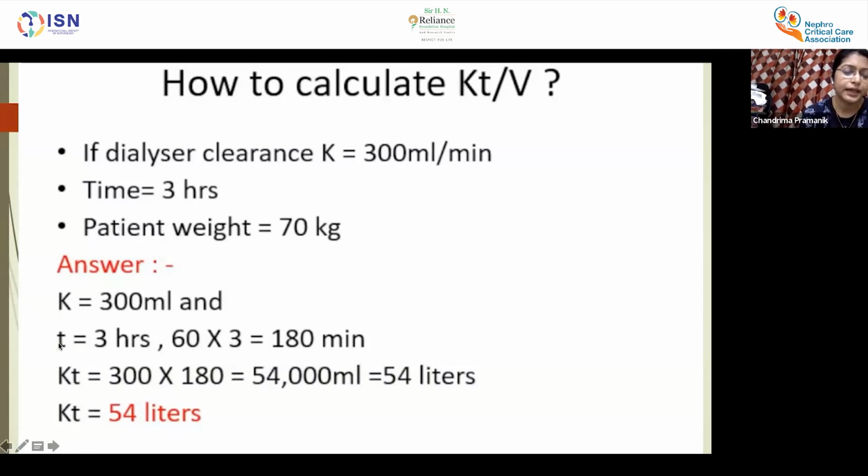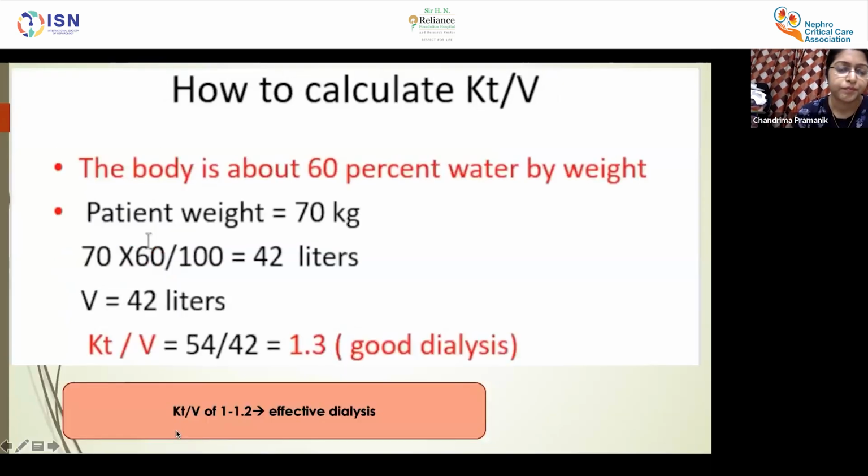So if we multiply K into T, it becomes around 300 into 180, that is 54,000 milliliters or 54 liters. So this is the value of KT, 54 liters, and it is referred to as the intensity of dialysis. Now our body percentage of water is about 60% by weight.